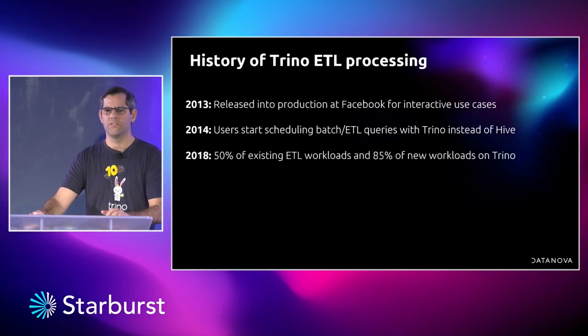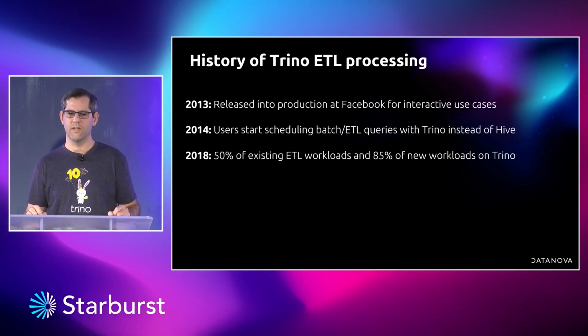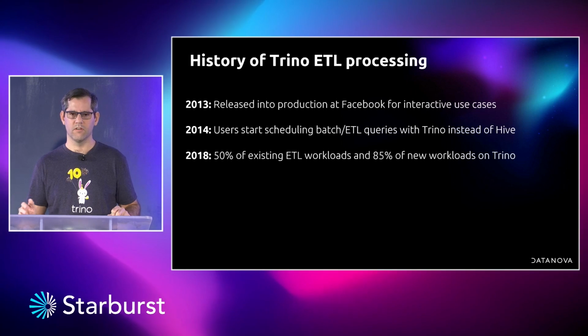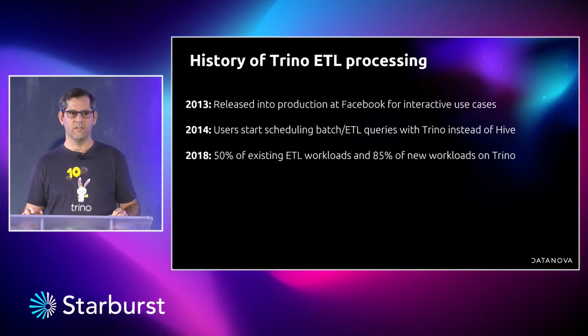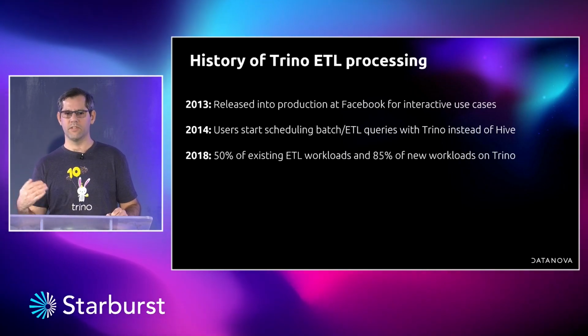Back in 2012, when we created Trino at Facebook, the initial goal was to replace Hive as an interactive query engine. People were using Hive for interactive queries, but those were pretty slow. So we were trying to tackle that use case. How do we get people to be able to query quickly, iterate over the results, and keep going?